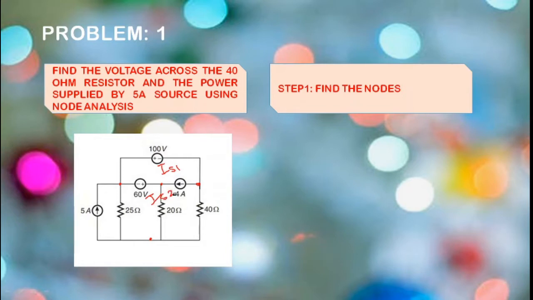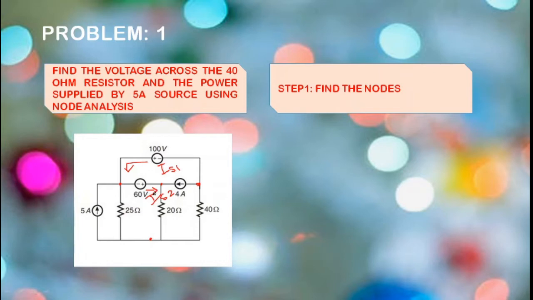So I am going to consider this as IS2. Now this 100 volt, the positive terminal is towards my left hand side. So the flow is also towards my left hand side, or I can say simply the flow is towards node 1. And similarly this 60 volt, the positive terminal is towards my right hand side, or simply say it as towards my node 2.